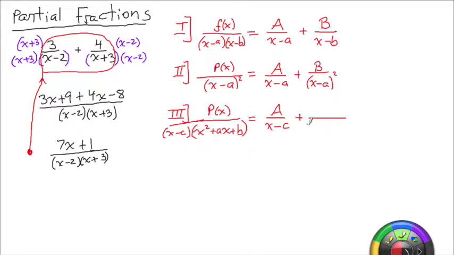Because the degree on the bottom is 2, the degree on the top can be at most 1. So what that leaves us is a linear factor Bx plus capital C. So when you have a quadratic, you have to have a Bx plus C. If this was a cube, you could have Bx squared plus Cx plus D, and so forth and so on.